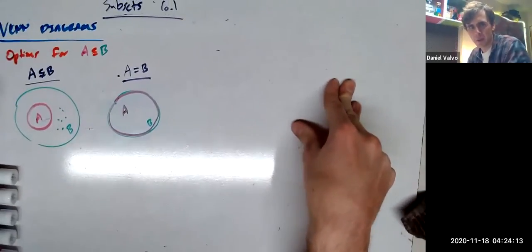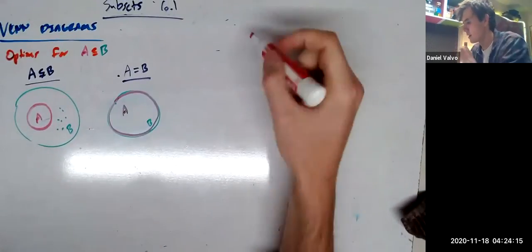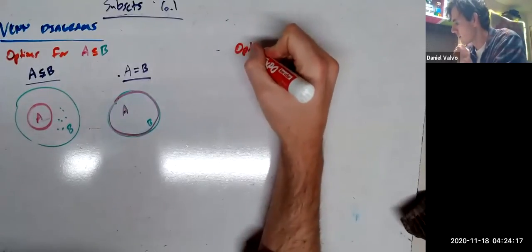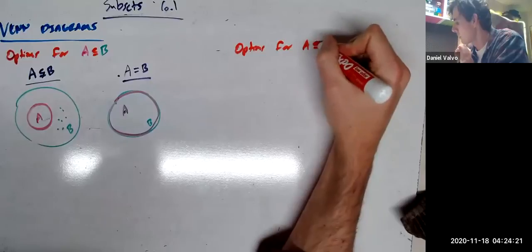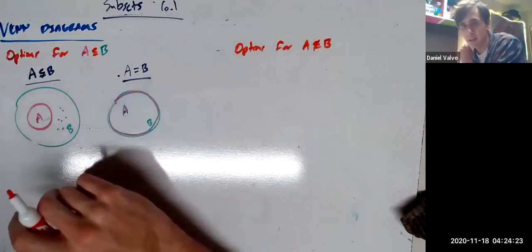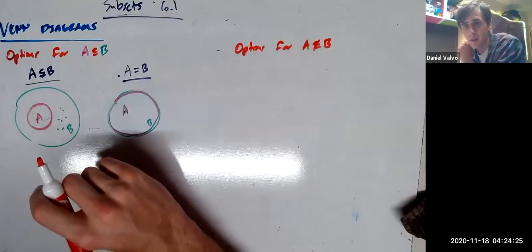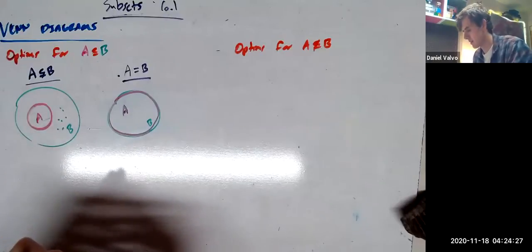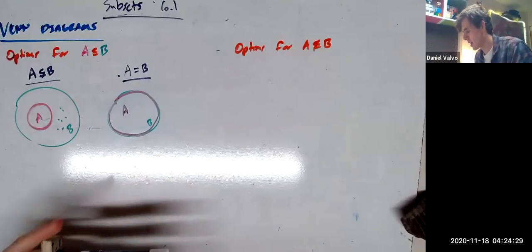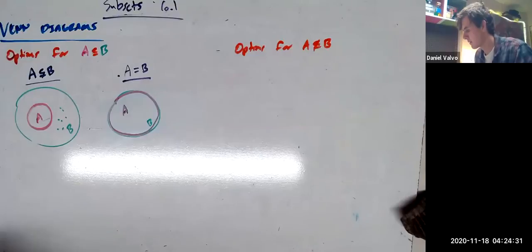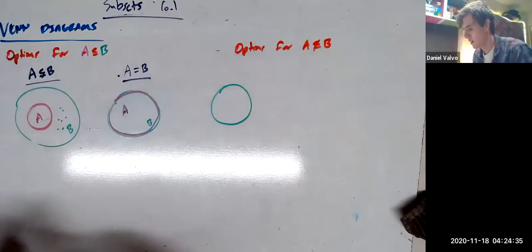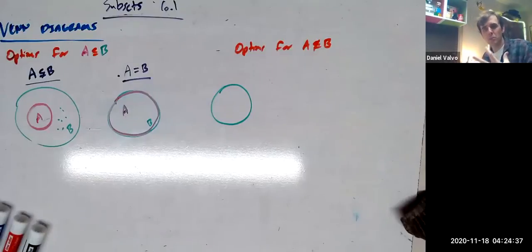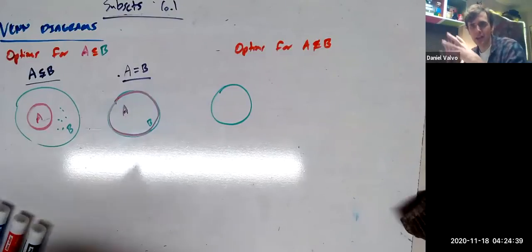And the more interesting one is options for A not contained in B. So if A is not contained in B, what's one way that A and B could interact but not have A contained in B?